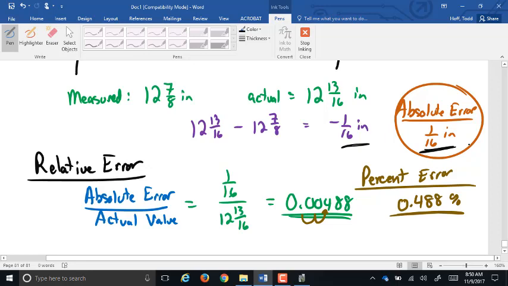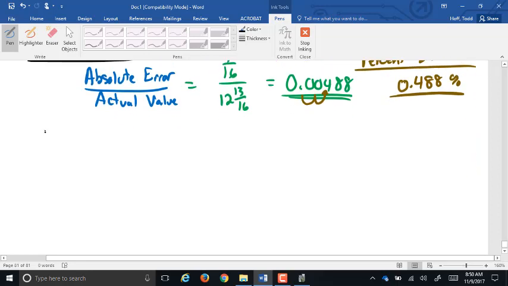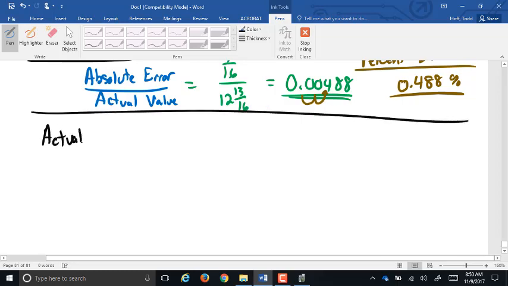Well, not necessarily. What if we have a different situation where your actual value is 2 5/16 inches, and you take the measurement and you get 2 3/8 inches?